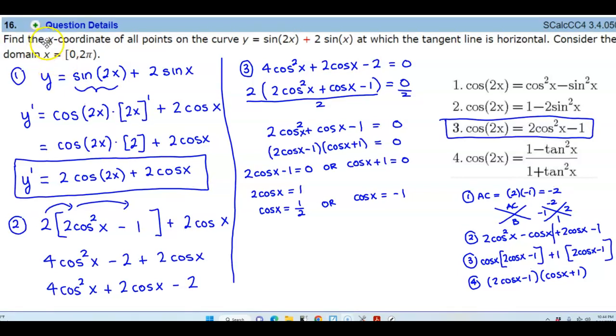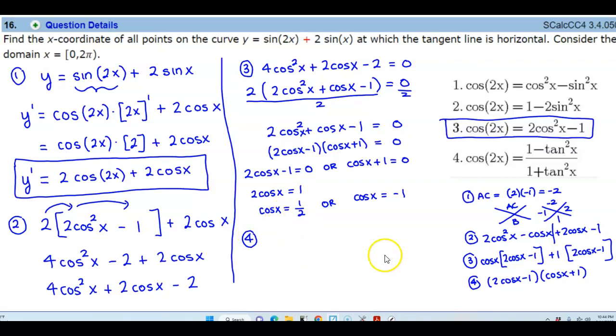Now again, we want to find the x-coordinate of all points on the curve at which the tangent line is horizontal, and we're going to consider the domain of x from 0 to 2 pi. So we want to find out what is the angle for when the x-coordinate is 1/2.